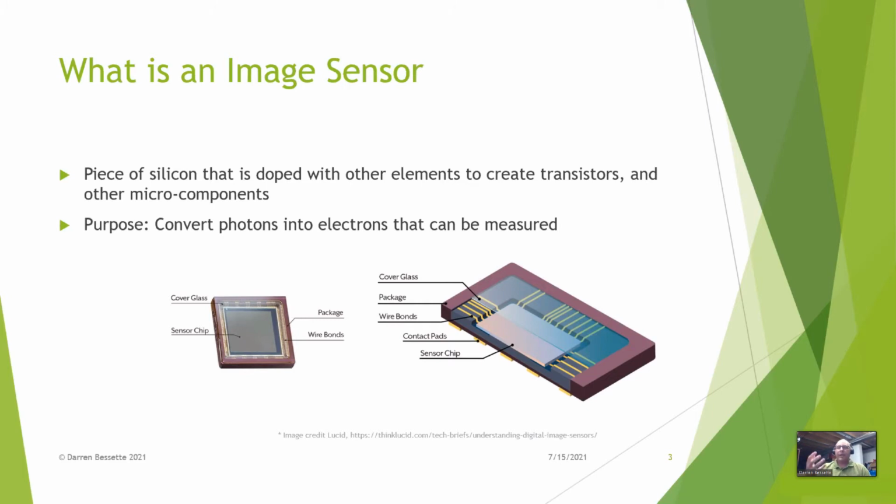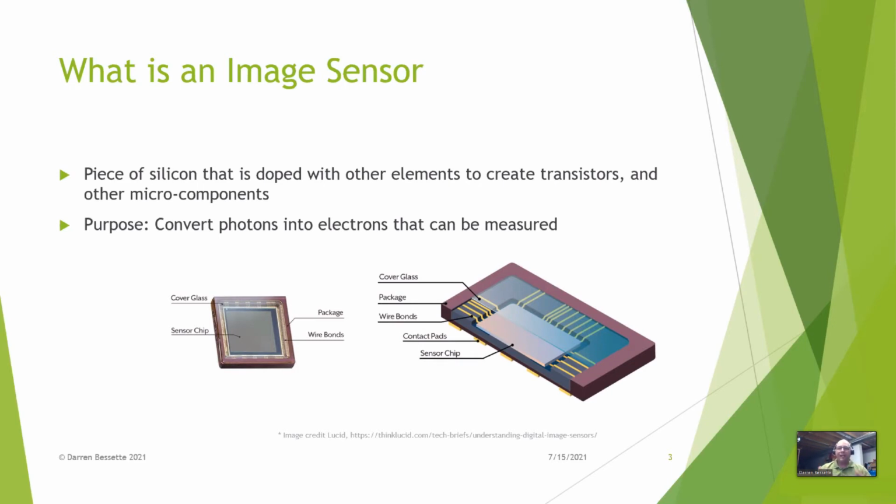It's an area doped with an atom that has more electrons, so it's more negatively charged, wrapped around an area doped with a positively charged area. Those two areas create an electrical boundary that keeps things within themselves, unless there's enough energy to force something to cross that boundary. And that's essentially how a sensor works.